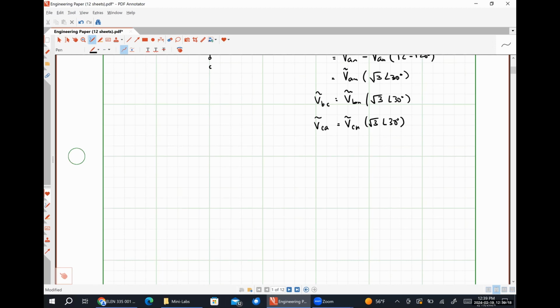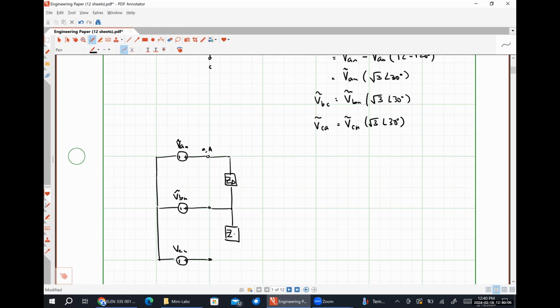So here's VAN, VBN, and VCN. Assuming my transmission line impedance is negligible, I could connect a load across my terminals like so.